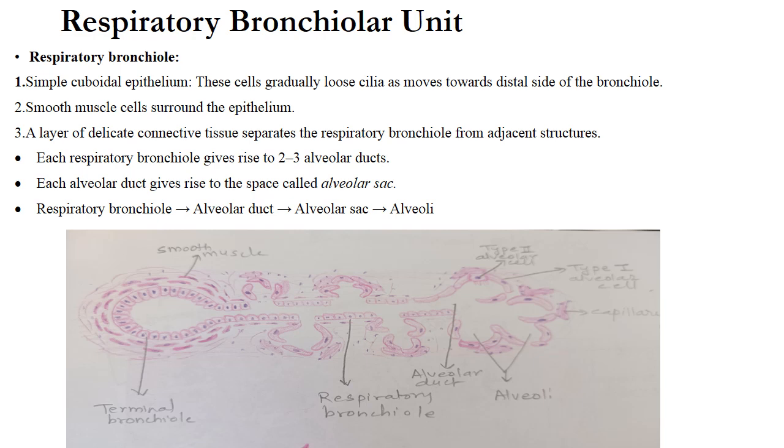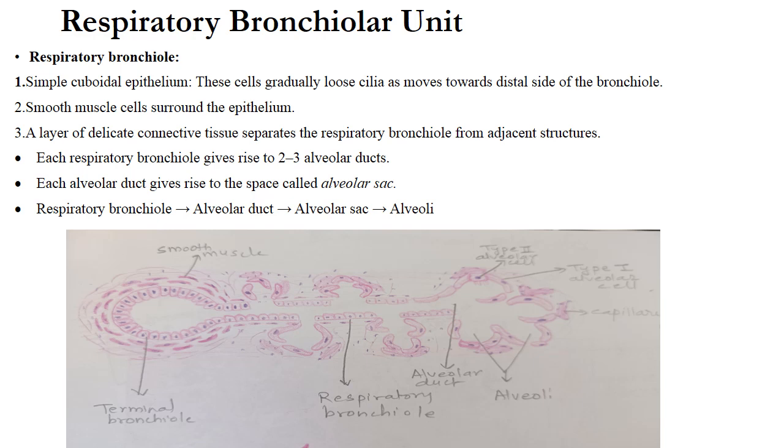Alveolar ducts give rise to a space known as the alveolar sac, and it is surrounded by a cluster of alveoli. The surrounding alveoli open into the alveolar sac. Thus, first we have a respiratory bronchiole which gives rise to the alveolar duct. It continues with the alveolar sac and we have the alveoli.